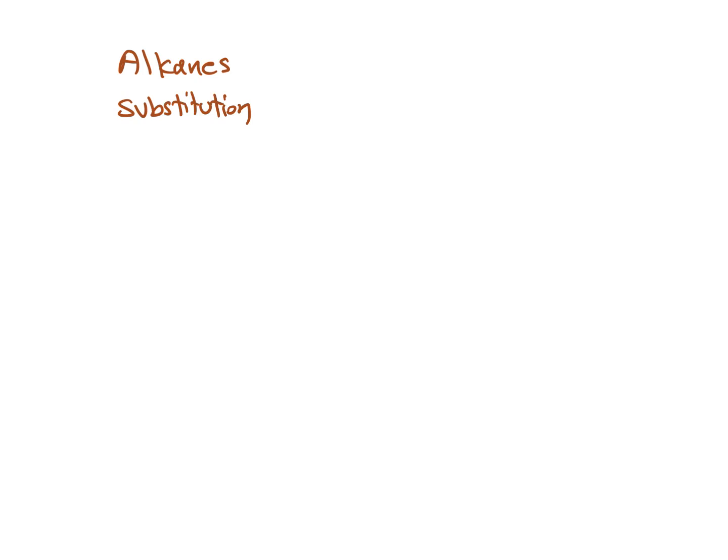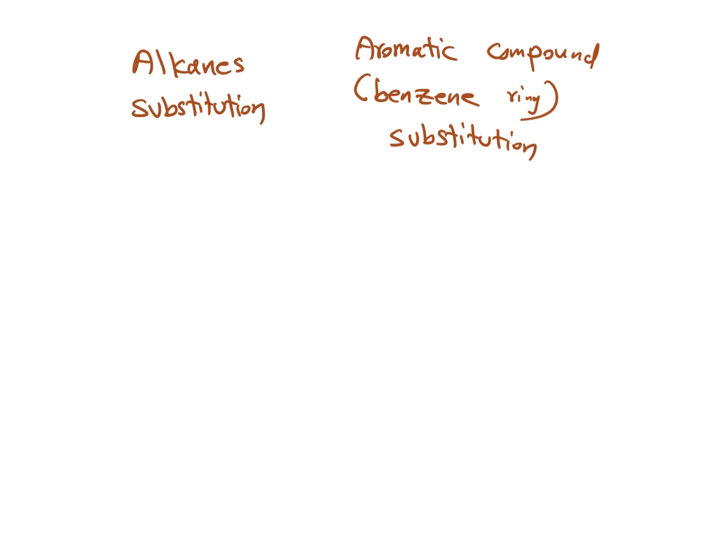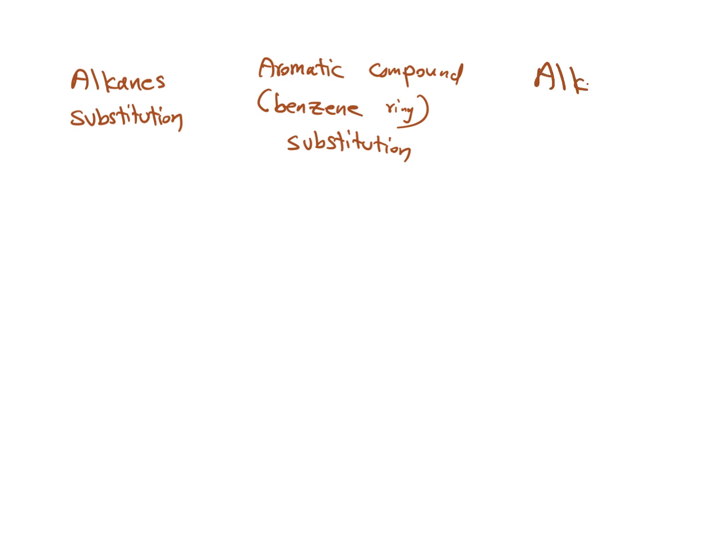And now that we're talking about substitution, know that in aromatic compounds, which are compounds that have a benzene ring, we also have substitution. And when I go to chapter 4, I talk more about why that is. But in alkenes, let's write that here, alkenes, we have addition reaction.